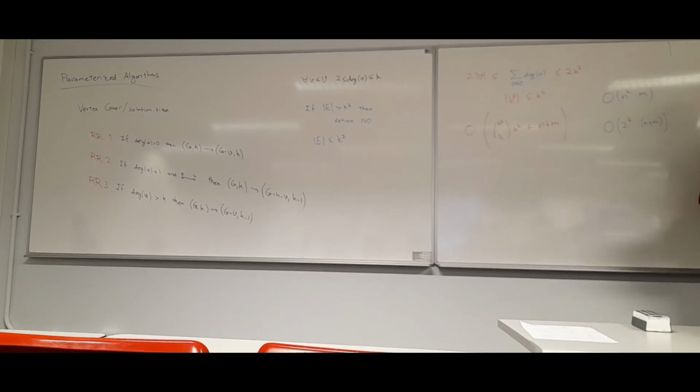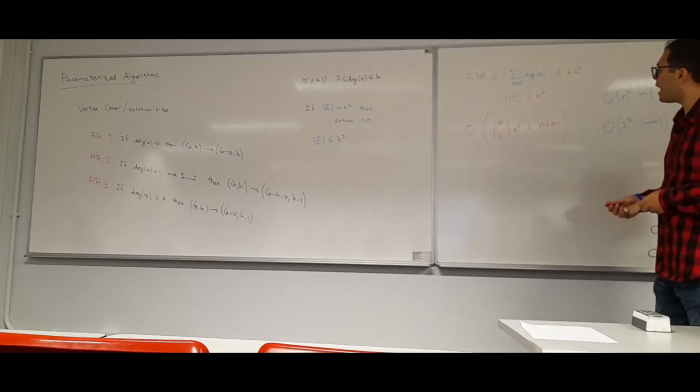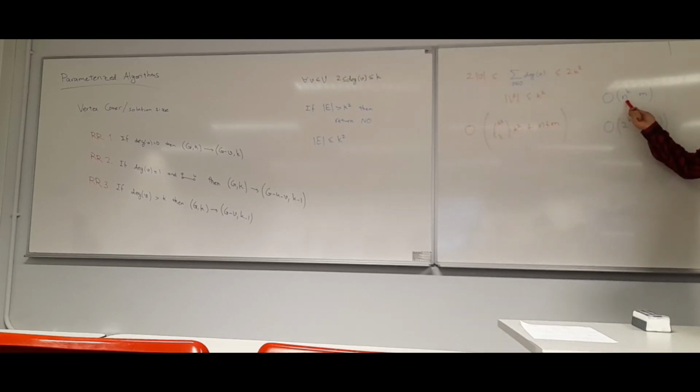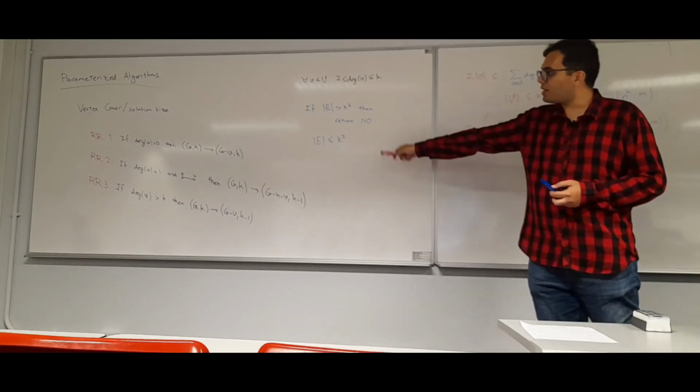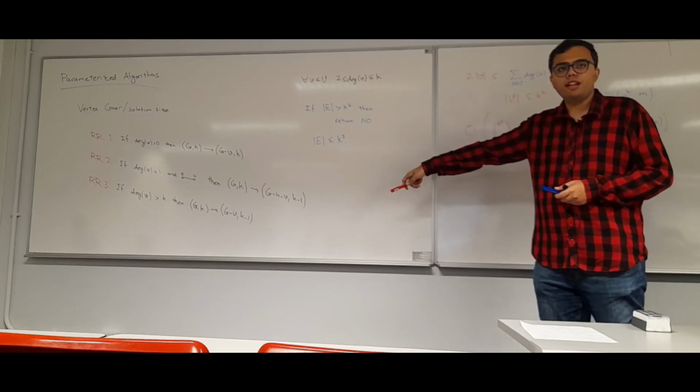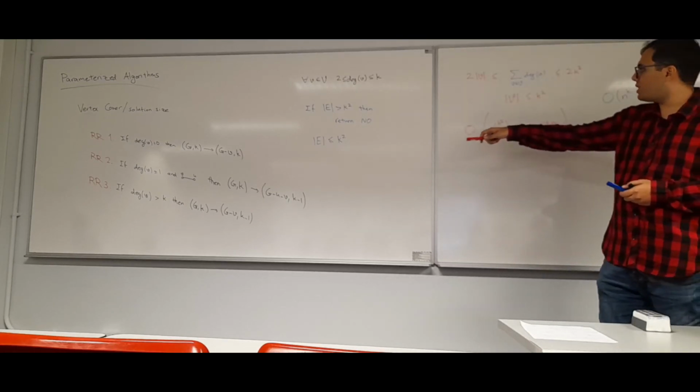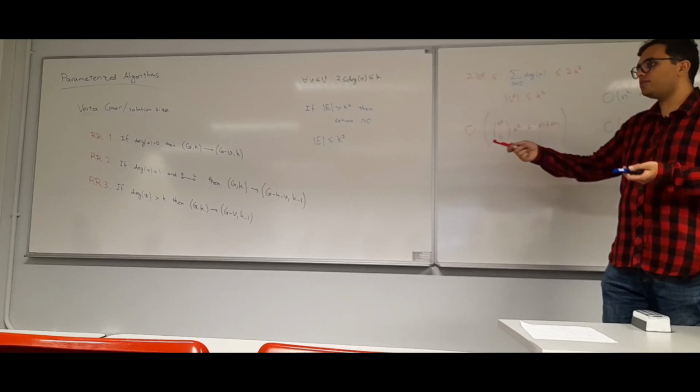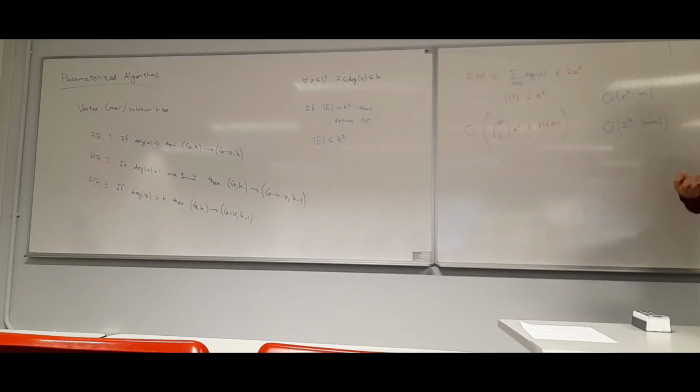But can I do even better than this? Well, yes. Why should I apply this naive algorithm in the end? I can just apply my branching algorithm in the end. So I can first use these rules to make my graph as small as possible. And then after I get to a point where I have at most k squared vertices and k squared edges, I apply the branching algorithm.